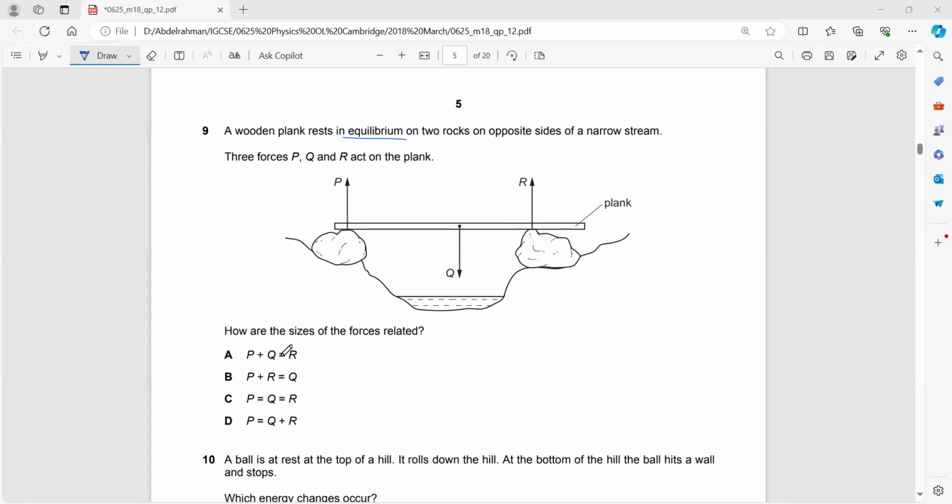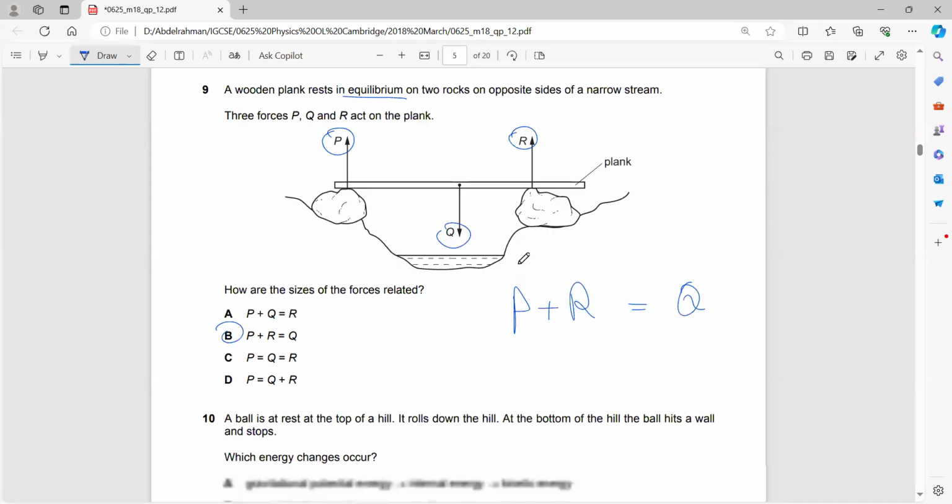In this case, we're talking about the forces, so the upward forces have to be equal to the downward forces. What are the upward forces? P and R. They have to be equal to the downward force Q. So P plus R has to be equal to Q.